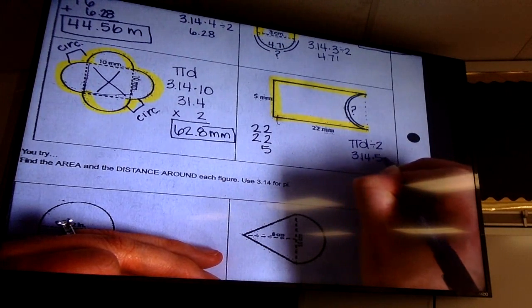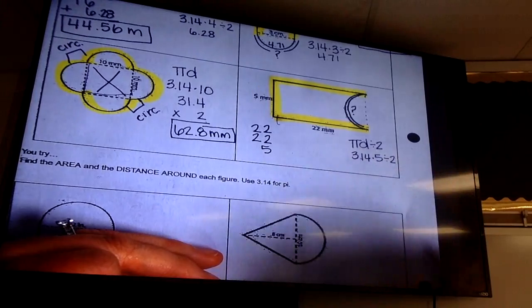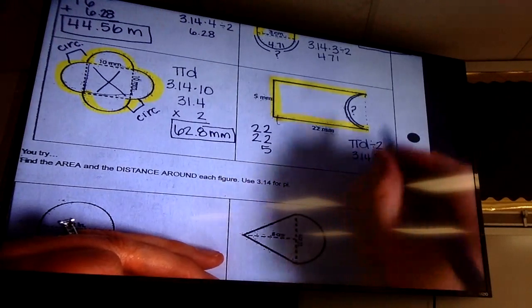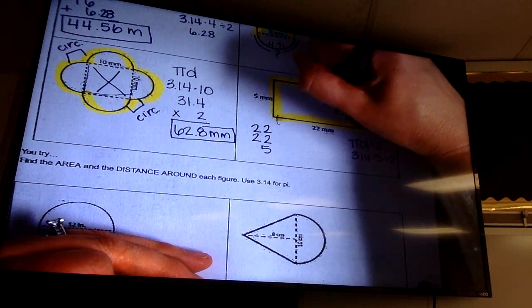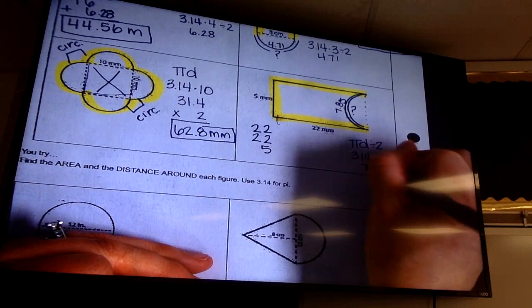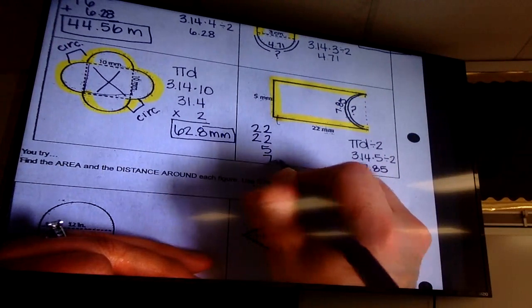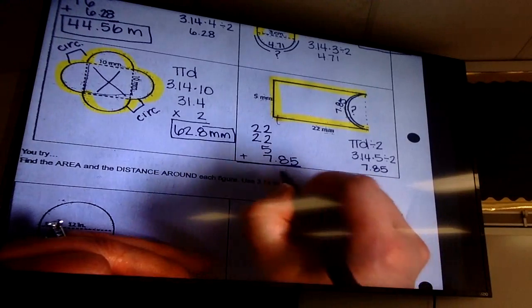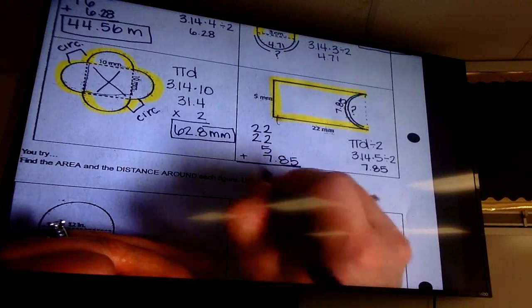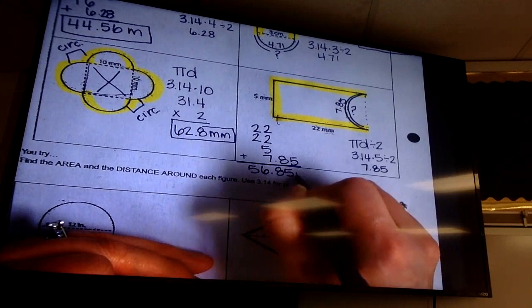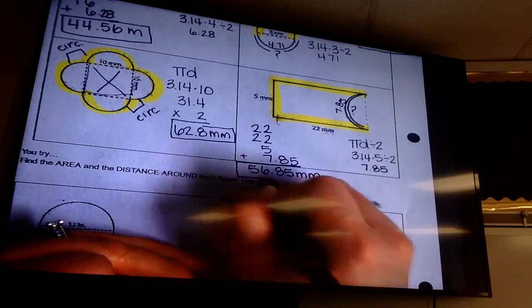So my diameter would be 5, divided by 2. If I put all of that in, I'm going to get 7.85. So I know that this piece right here is 7.85. So that's the last piece I have to add to my other numbers. And in the end, I find out the total of this is 56.85 millimeters.